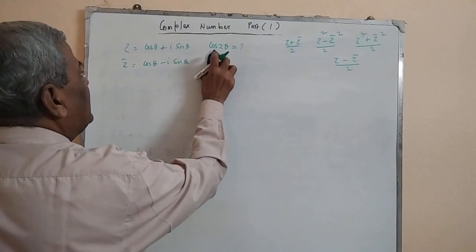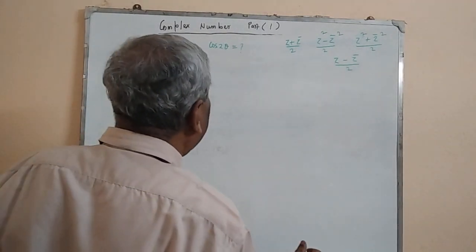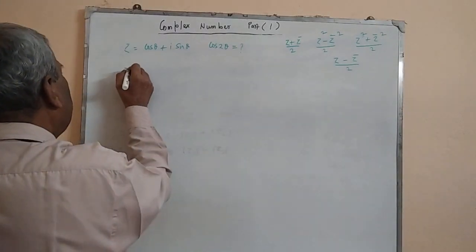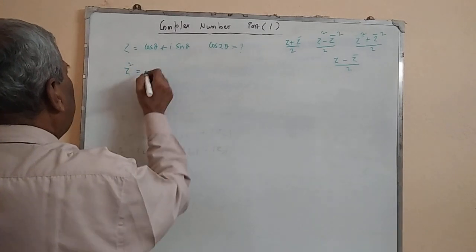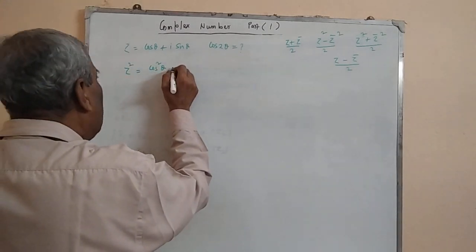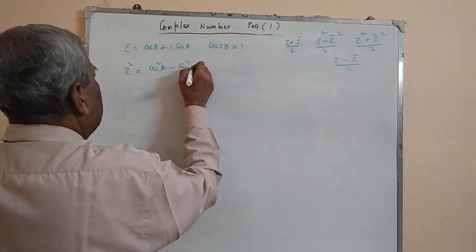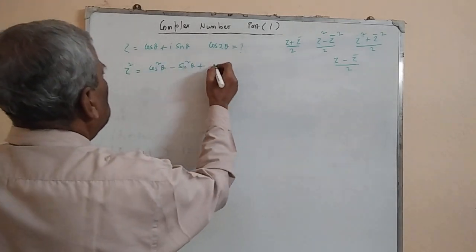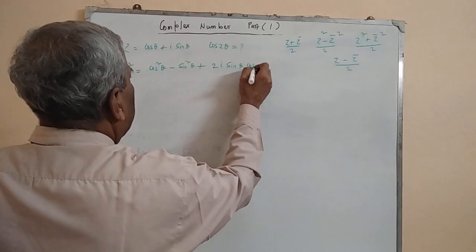So let us calculate z square and z bar square. Now z square is equal to cos square theta plus i square sin square theta, meaning minus sin square theta, plus 2i sin theta cos theta.